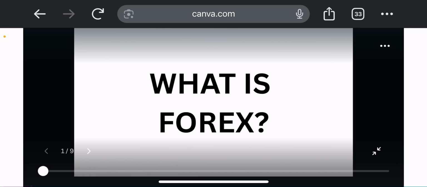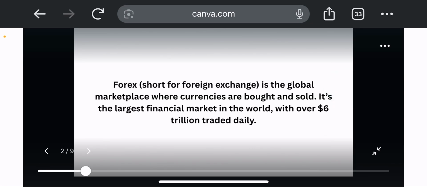So today, let's understand what Forex is. They say Forex is a short form for foreign exchange. It is the global market where currencies are bought and sold. It's basically like an exchange. Exchange means taking something to collect another thing. For an exchange to take place, you need two people: the buyer and the seller.